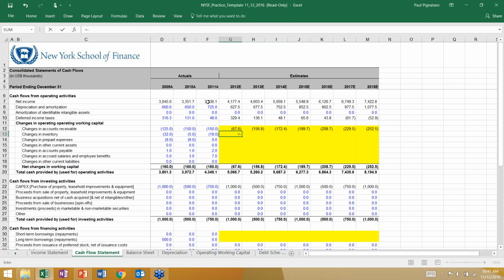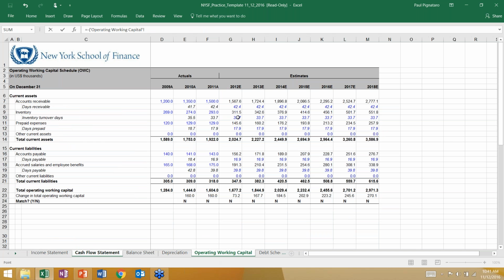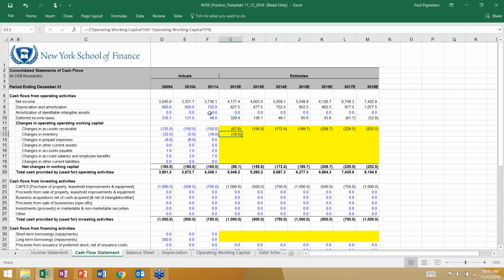Changes in inventory, same thing. Negative, from the balance, working capital, 2012 minus 2011. Copy to the right. Changes in prepaid expenses. Funny that it's 0. I almost think that I've overwritten something.